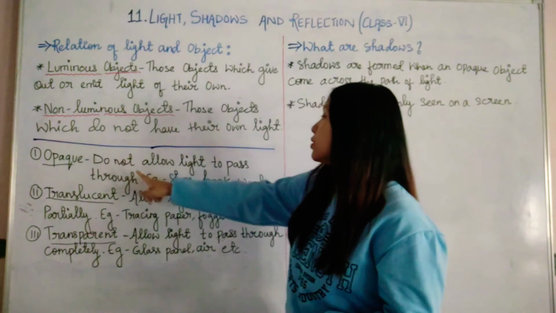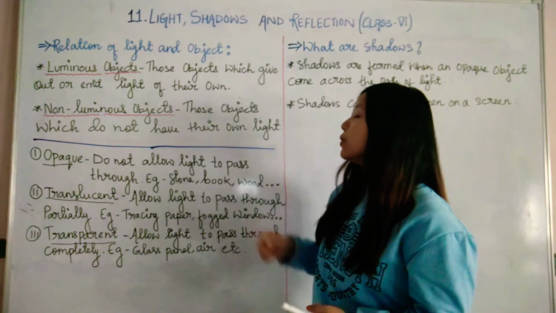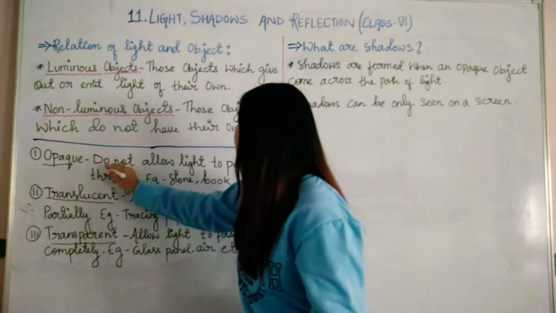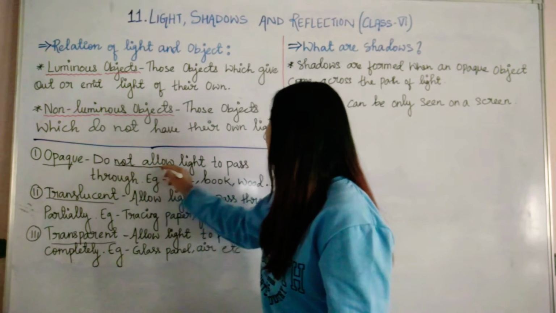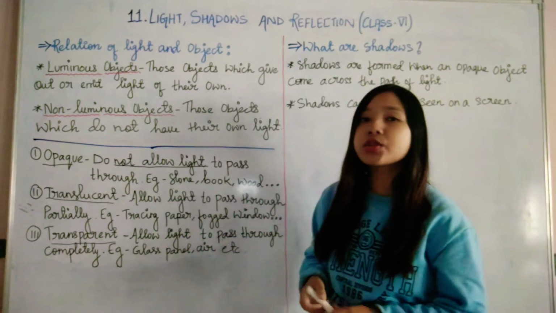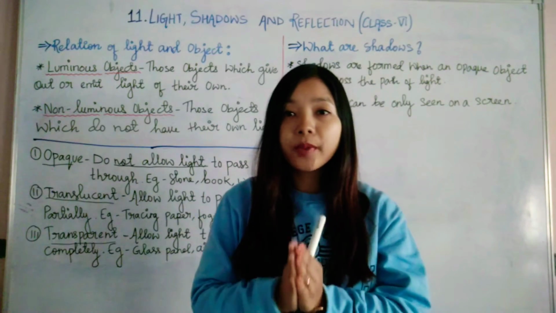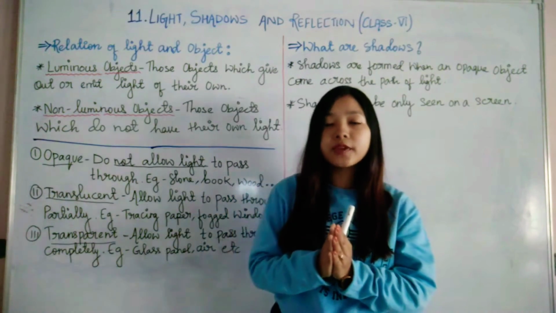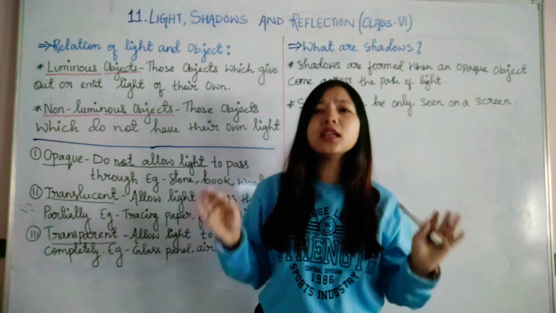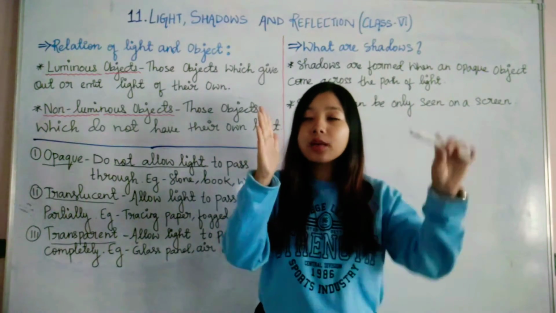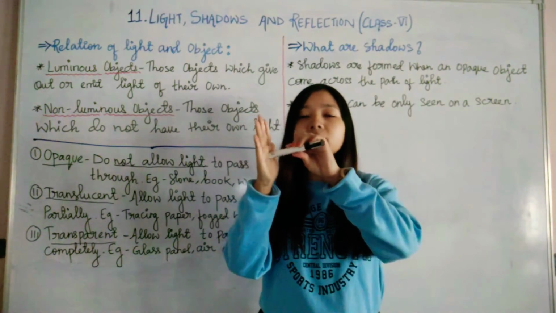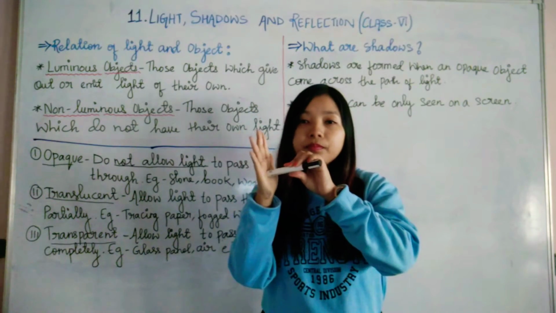Opaque objects do not allow light to pass through them. They completely block all the light that falls on them.